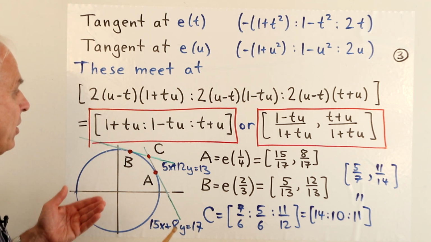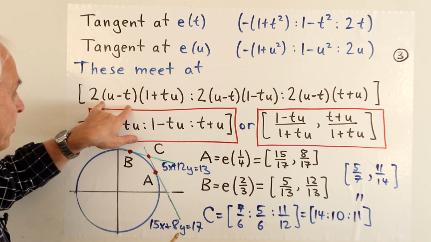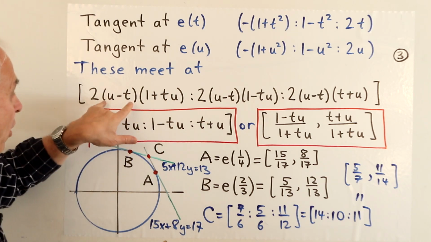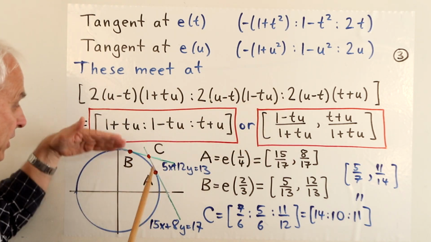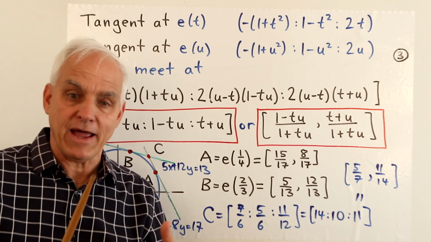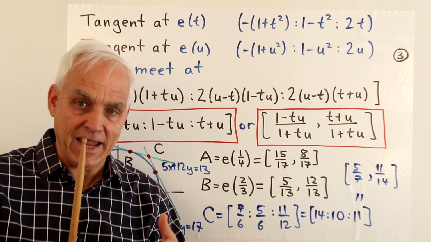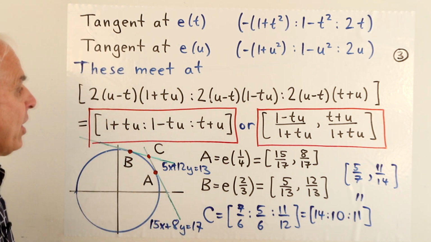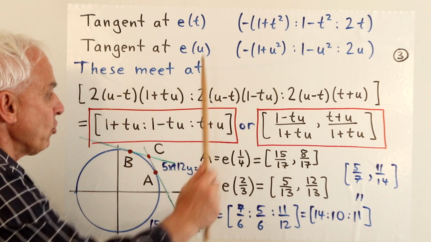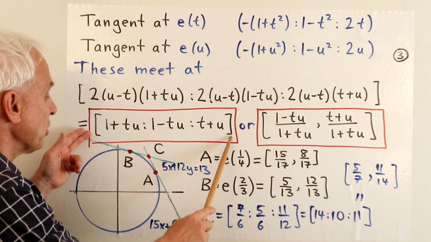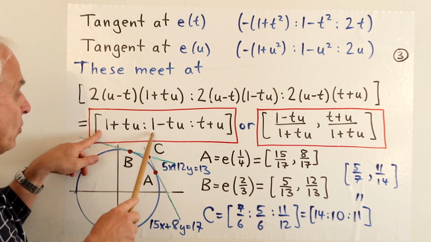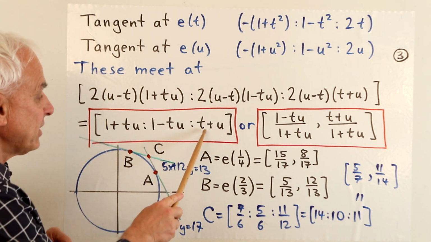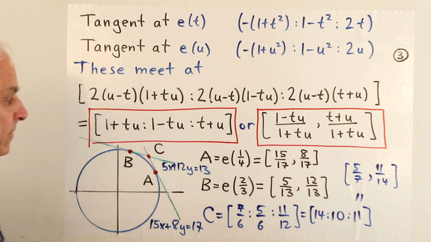And again, we have a common factor. Well, there's a common factor of 2, but also of u minus t. And since we're supposing that u and t are not actually the same, we have two distinct points, we can divide by the 2 and the u minus t to get the simpler expression for the point C: 1 plus tu, 1 minus tu, t plus u.